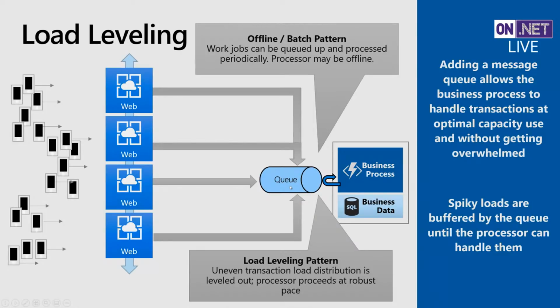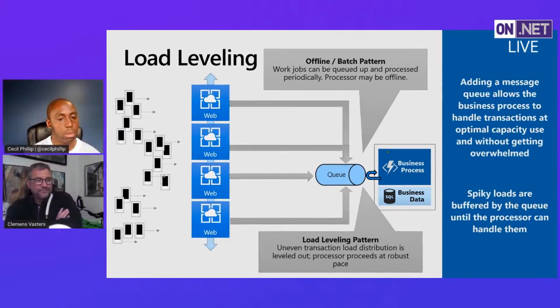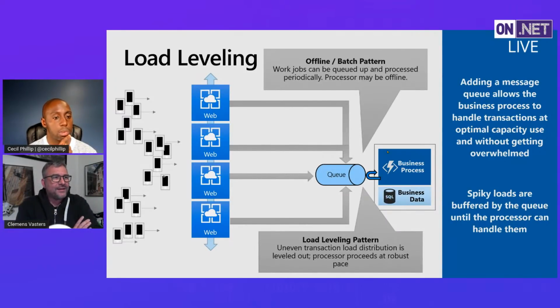One little anecdote on this one, Cecil. Yeah. When Halo 4 launched, there's a little episode on Channel 9 from back in the day, that was actually fronted by queues in a very similar way, where the game was feeding information through queues at that time.